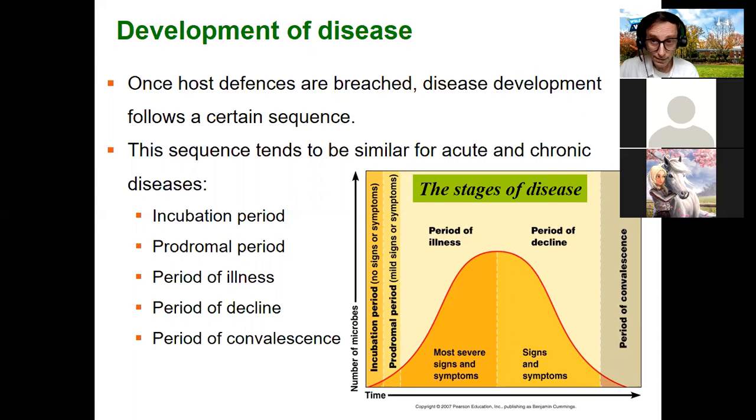So the patient is asymptomatic and still has the infective agents, but they're below the threshold, so the patient has no signs or symptoms of disease. And then after convalescence, the patient is cured. They no longer have disease.